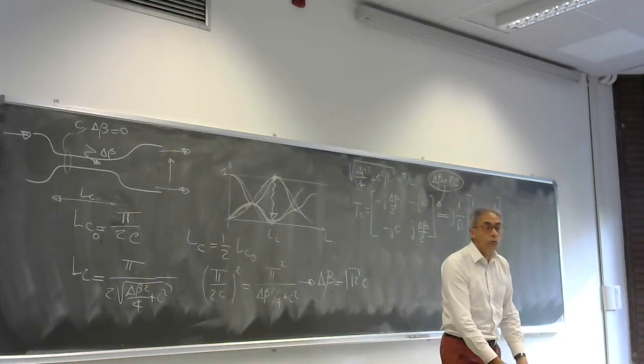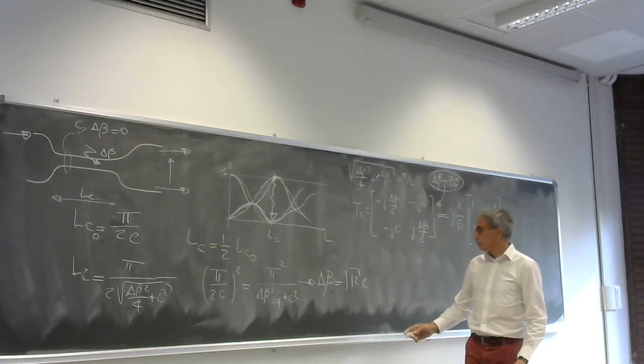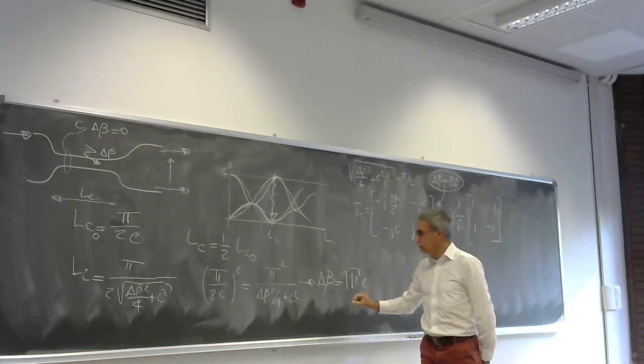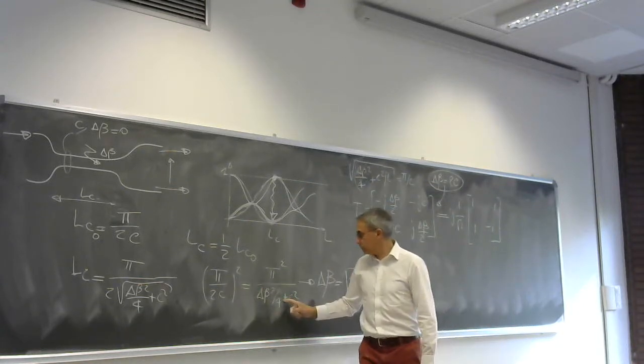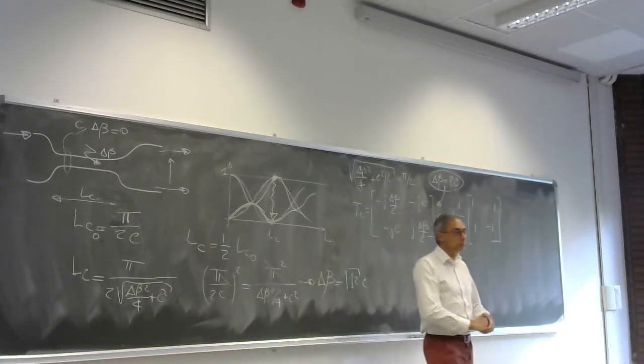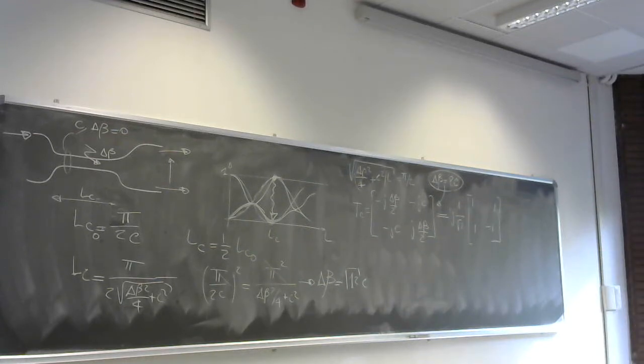What is under the root? Under the square root is square. 12, yes. Thank you. From this, this is 55. How do I change the beta? This is a technological problem. With an electric field, with a thermal field.